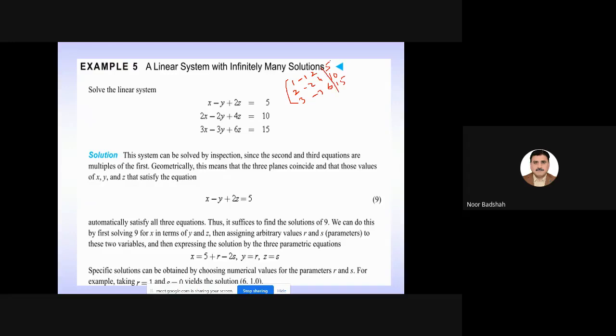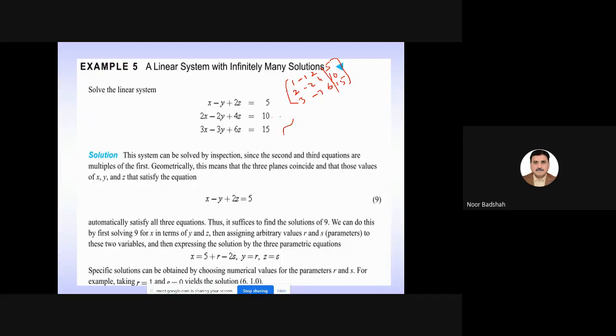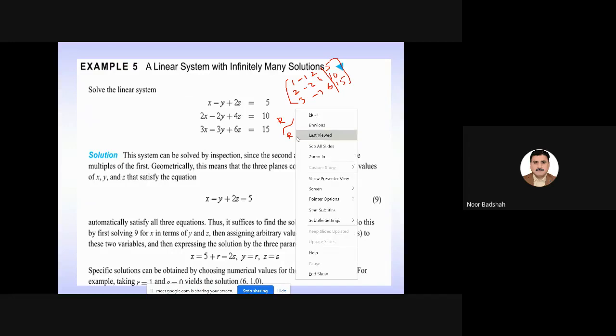Okay. So if you convert that into echelon form, what do we do? This will be row equivalent to row number 2 minus 2 times row number 1, that may give you 1, -1, 2, and then 5.